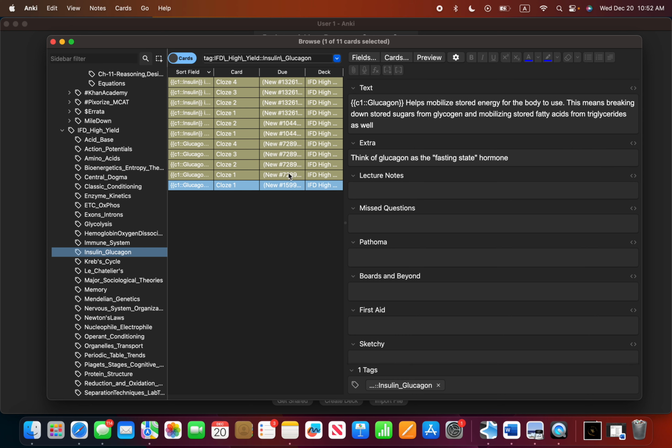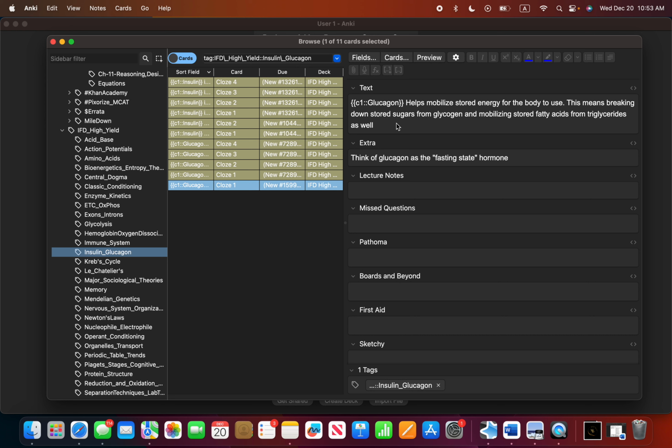We have glucagon, which helps mobilize stored energy for the body to use. We have the stored energy in our livers, and glucagon helps it get mobilized. Makes sense, totally.